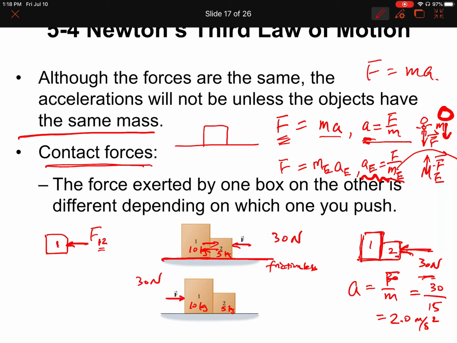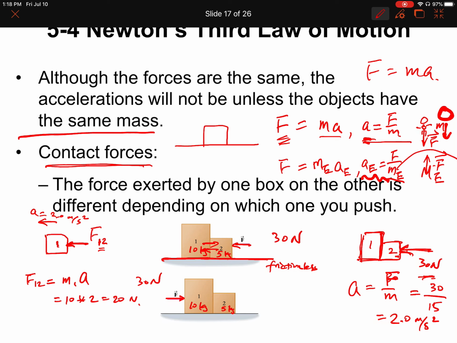Okay, and then what is the motion status of object 1? Object 1 has a equal to 2.0 meter per second squared. So from this we can tell F12 equal to M1 A. So this equals 10 times 2 equal to 20 Newton.